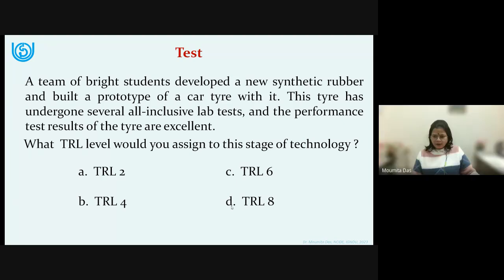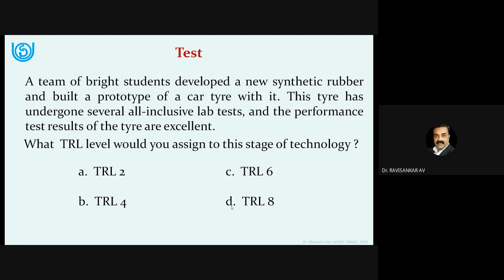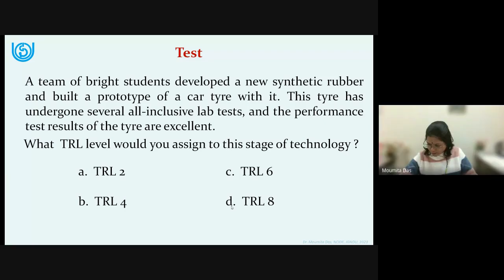So you mean to say that TRL 8 or 6 is the market stage? TRL 8 means it is actually implemented and in the testing stage. Even after implementation there will be a follow up, testing whether the performance is up to the expectation or not. I'm talking about that stage. So you're saying TRL 4, okay.